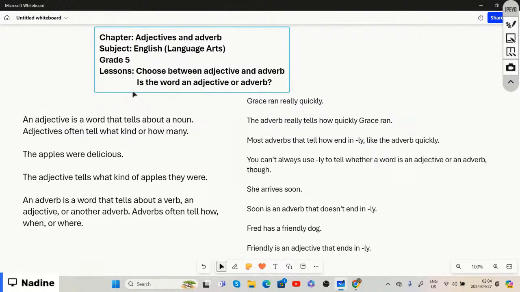Our subject is English language arts, grade 5. The lessons we are going to focus on are choosing between adjectives and adverbs, and is the word an adjective or adverb?